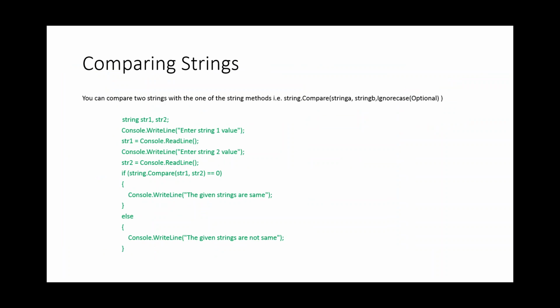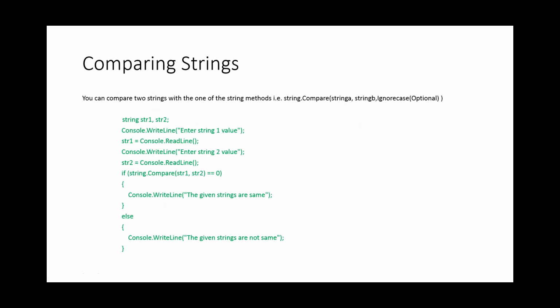Then comparing strings. If you want to compare two strings and check whether they have the same spelling, then you use this method. The syntax has three parameters. One is string A and another is string B, which two you have to compare.